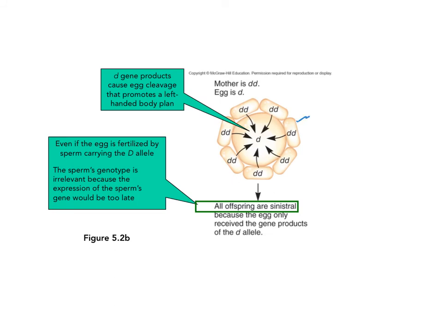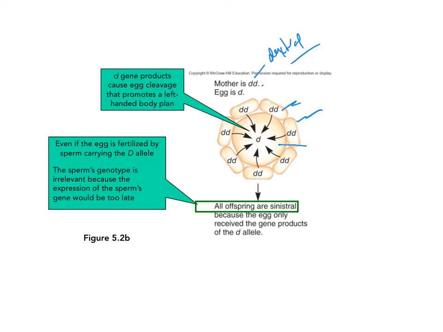Now in this situation, it should be pretty clear. The nurse cells are homozygous for the recessive allele. Because that's the mother's genotype, that will be the phenotype for that egg. Now this mother could have a dextral phenotype, but all of her eggs are going to produce the sinestral phenotype, because her genotype is little d.